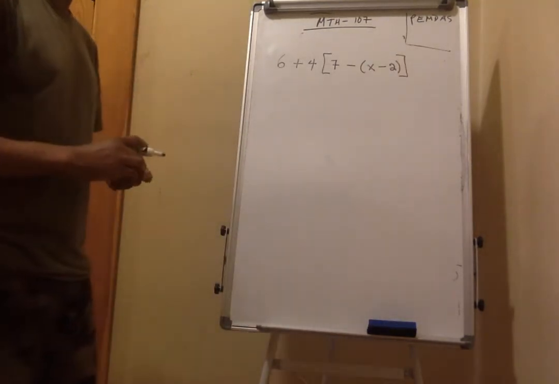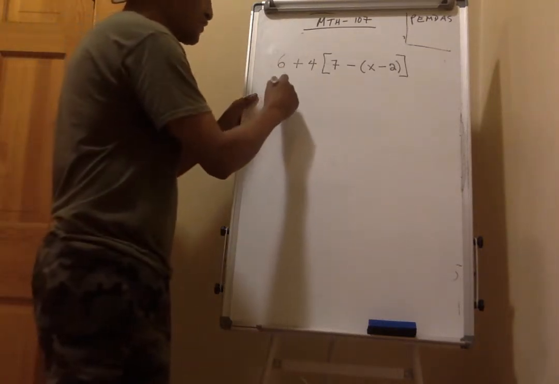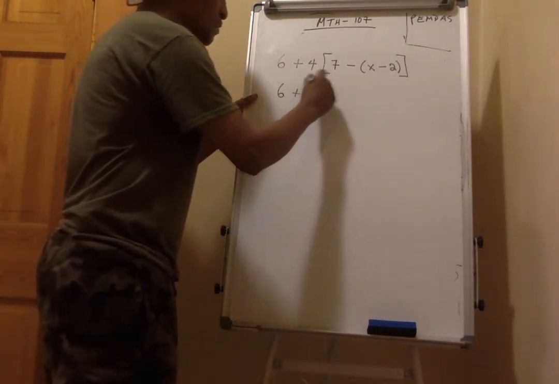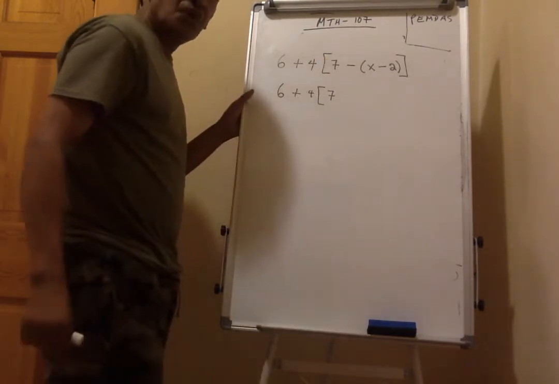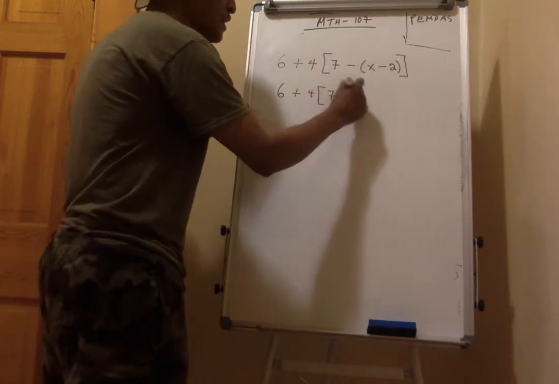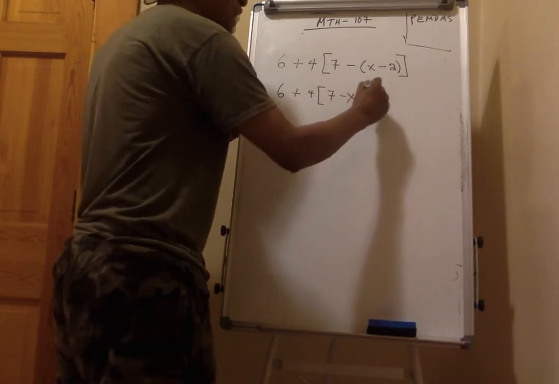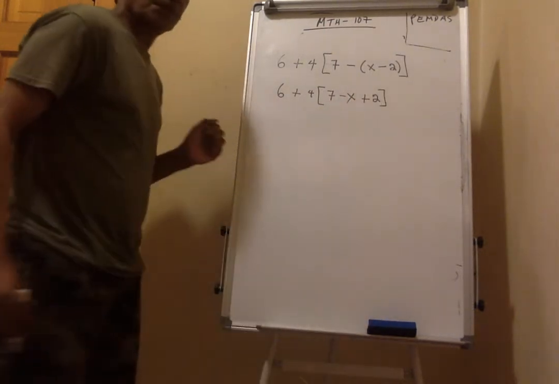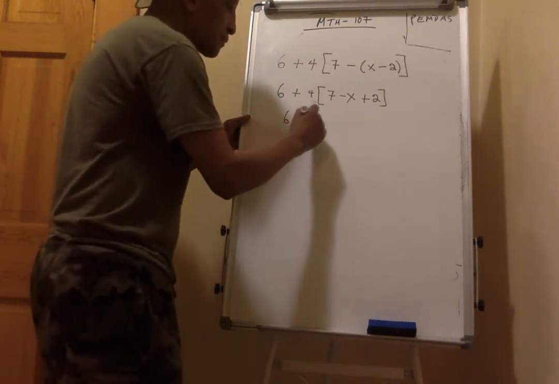It's almost similar to the stuff that we did. Again, leave 6 and 4 alone, including 7. As we discussed, there is 1 in there implicitly, so negative 1 times x gives us negative x, and negative 1 times negative 2 gives us positive 2.